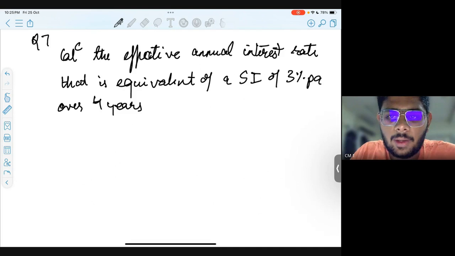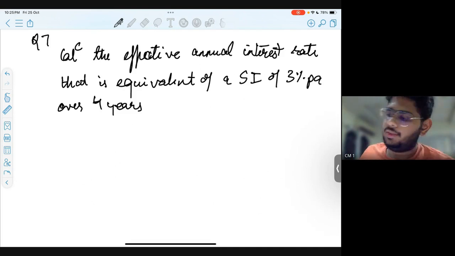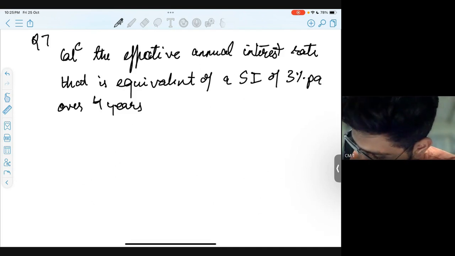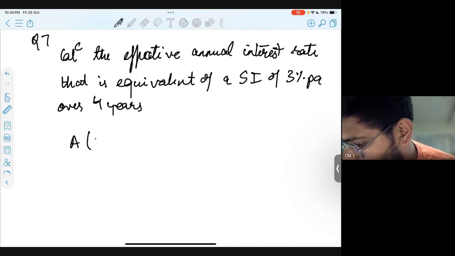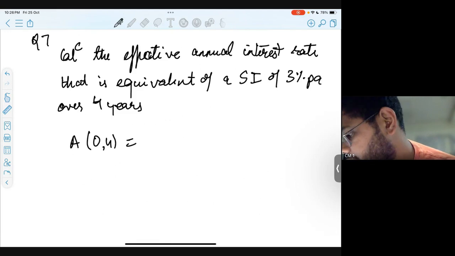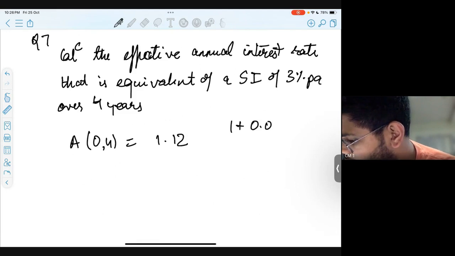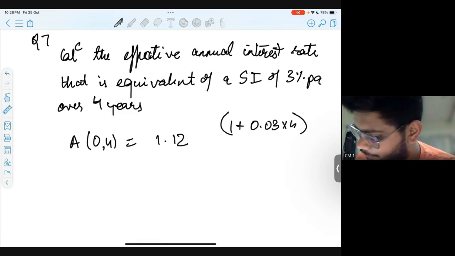2.87%. Okay. How do you do this? First of all, the accumulation from 0 to 4 will be equal to 1.12. How? 1 plus 0.03 into 4. Okay.